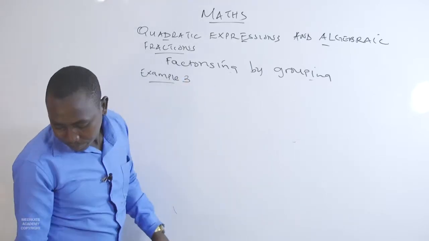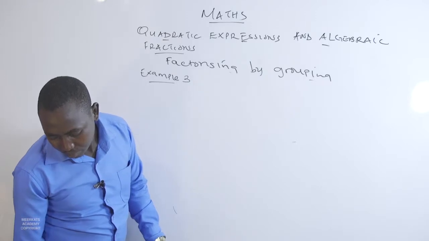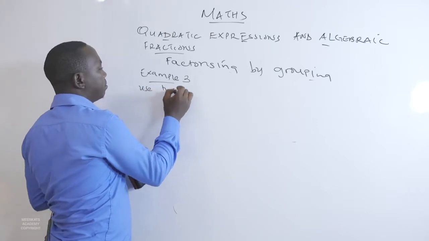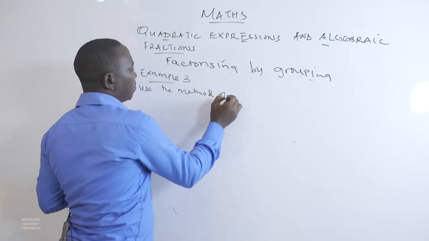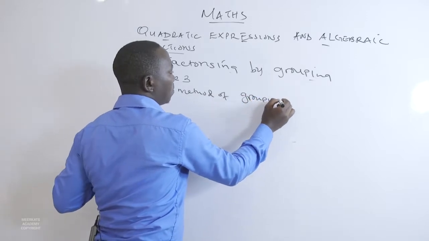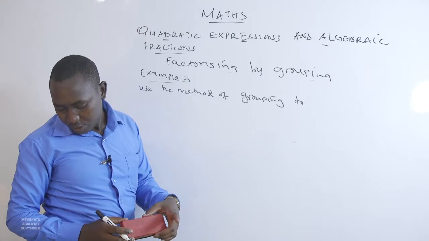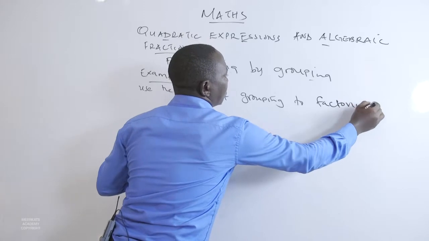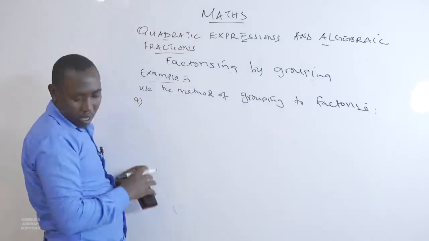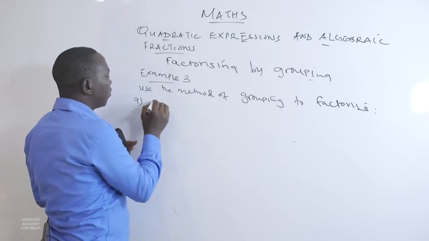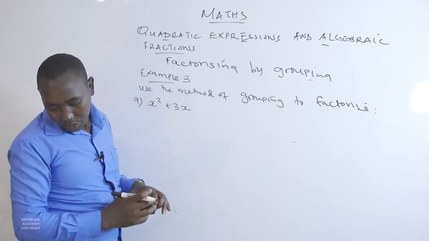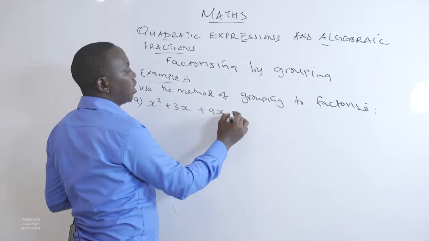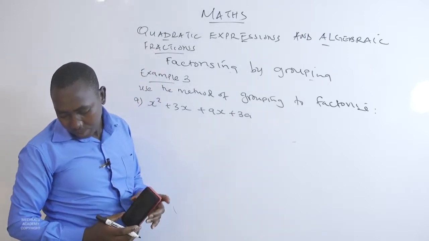Example 3. Use the method of grouping to factorize the following expressions. 1, we have x squared plus 3x plus ax plus 3a.